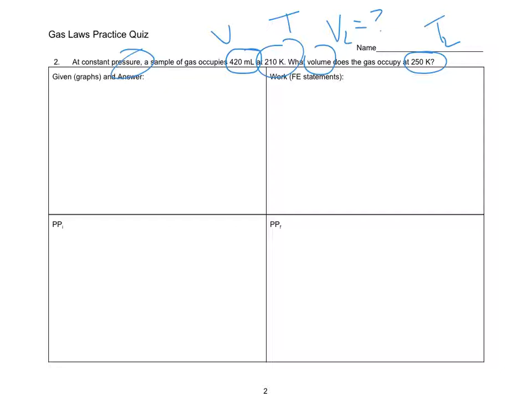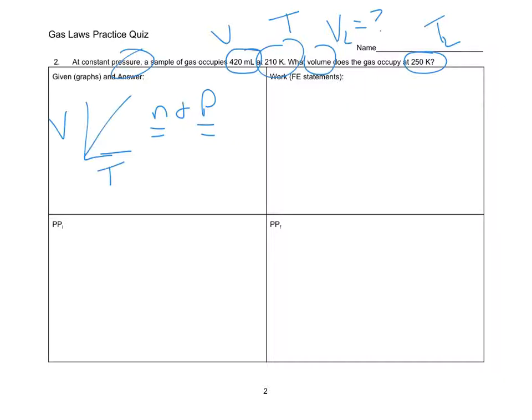All right, so my graph. What happens to the volume if I change the temperature when the number of particles and the pressure are constant? If I make the temperature higher, what happens to the volume? Well, if the particles are moving faster and we don't add any more particles and we want to keep the pressure the same, then the balloon has to get bigger.